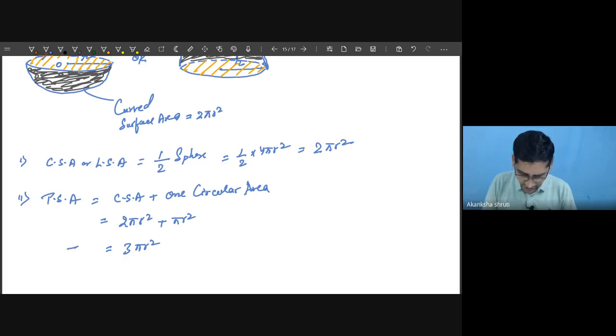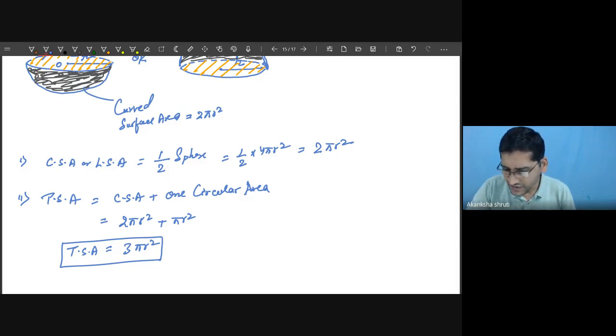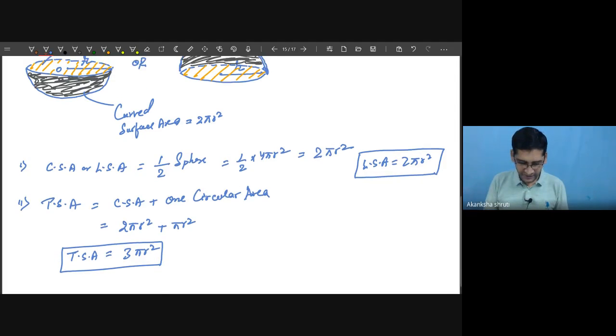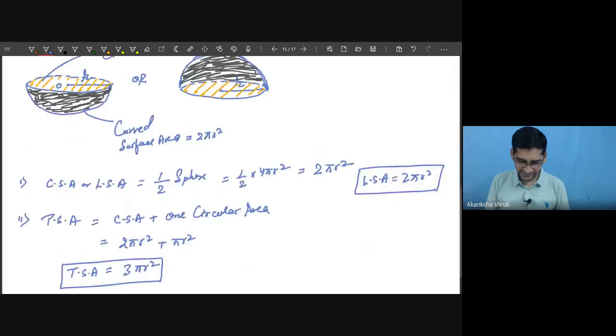Okay, student. So TSA is your 3 pi r square, but CSA or LSA is your 2 pi r square. This difference for the hemisphere you have to keep in mind. So two kinds of area are possible for this hemisphere.